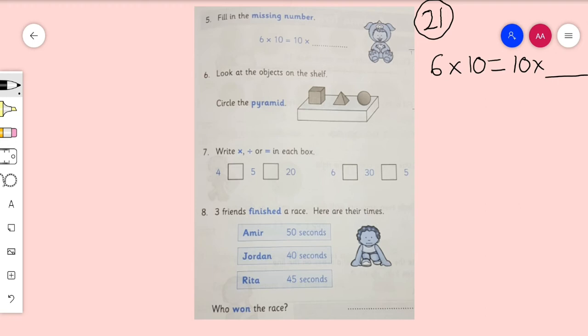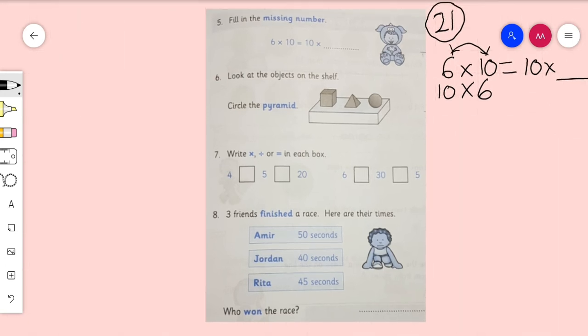For starters, 6 times 10 is the same as 10 times 6. You can turn them both around, but the answer will stay the same both ways.